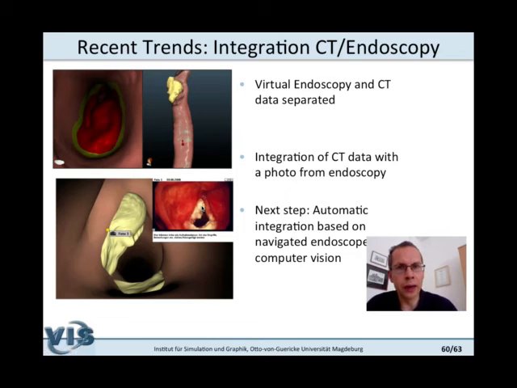That was a prototype carried out in our spin-off company, Dornheim Medical Images. One must admit that this correspondence here was established manually. So the physician said, at this point, this photo belongs to.